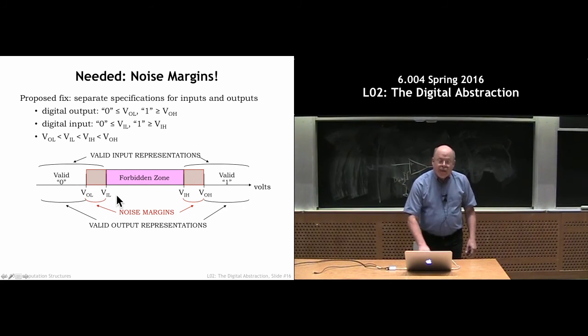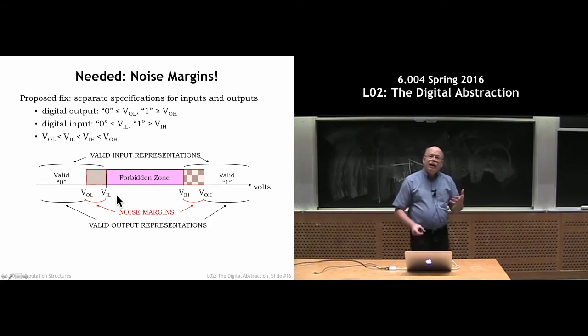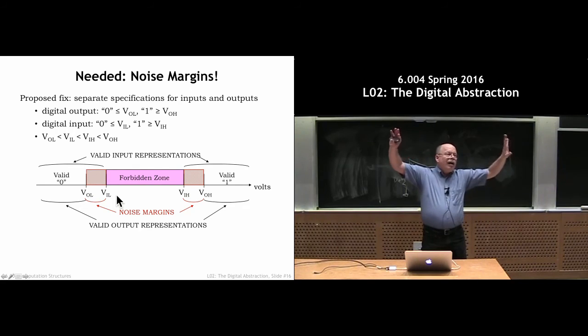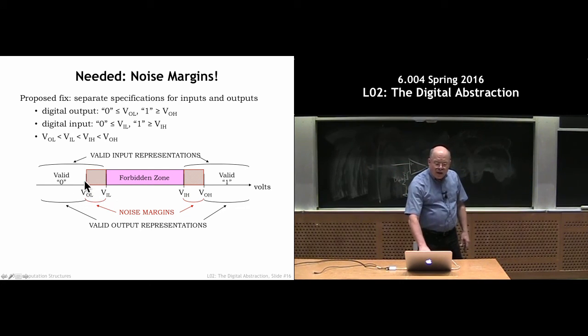So back to this. Everybody understand about noise margins? The idea that by having separate output and input specs, we're allowing bad things to happen to good outputs and still have them be legal inputs. This is a good thing to focus on because the key to digital signaling is this notion of these four thresholds.